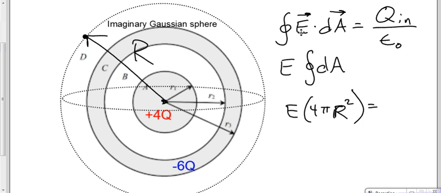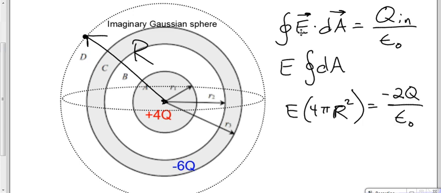And then over here, here's a very important step. What is the entire amount of charge enclosed within that Gaussian sphere? Well, it's everything that we saw here, the positive 4 and the negative 6 together, which is a negative 2q in total. And then we put that over the epsilon sub naught.